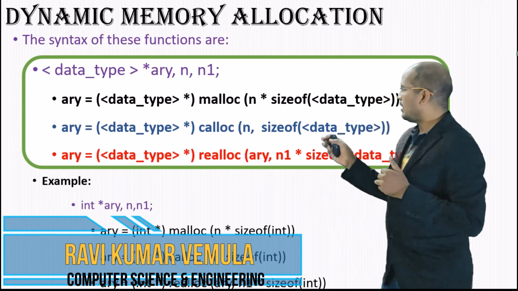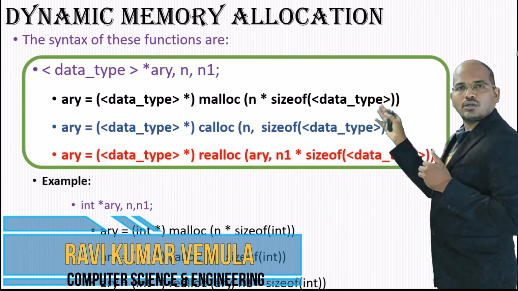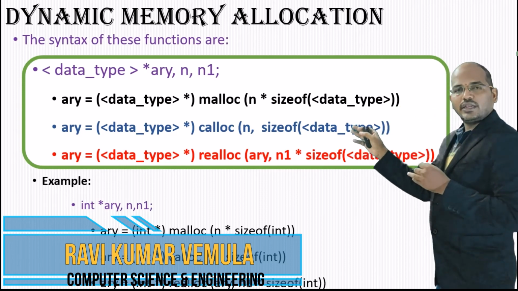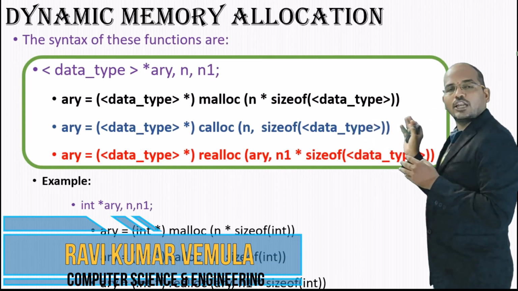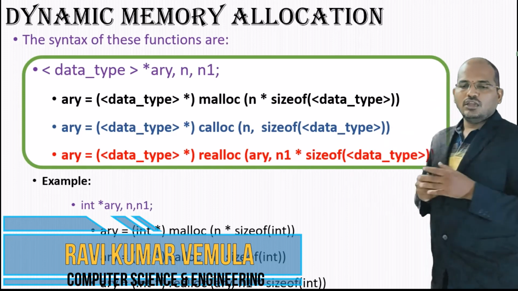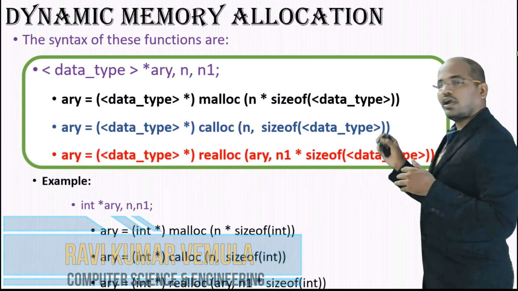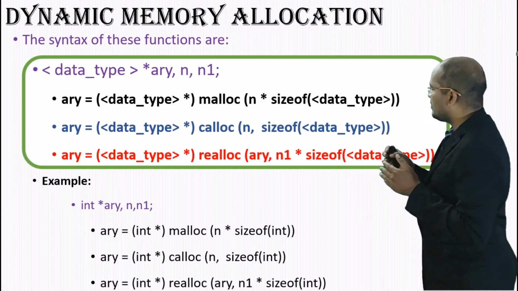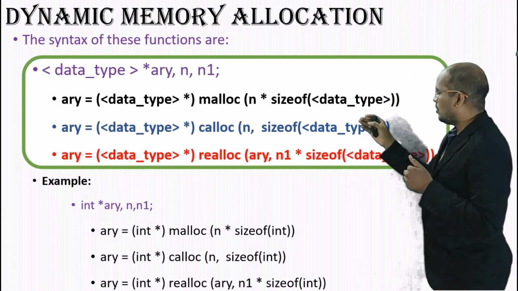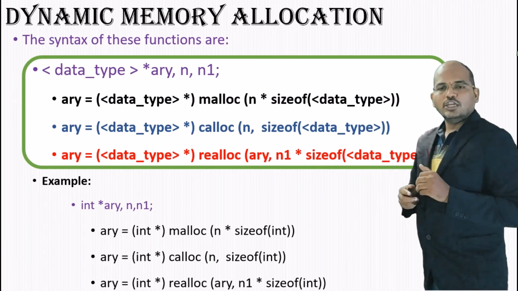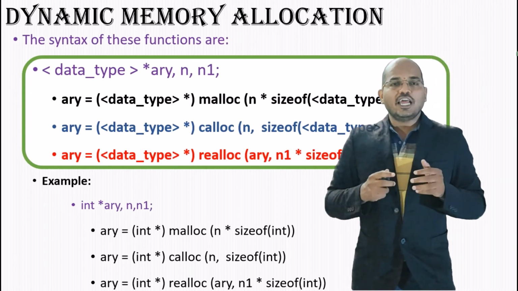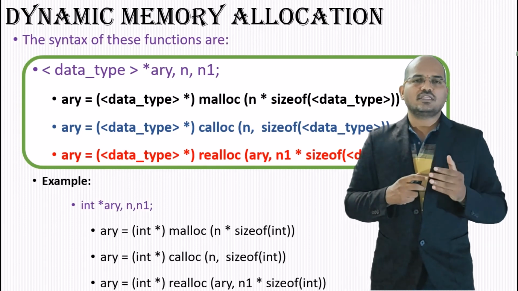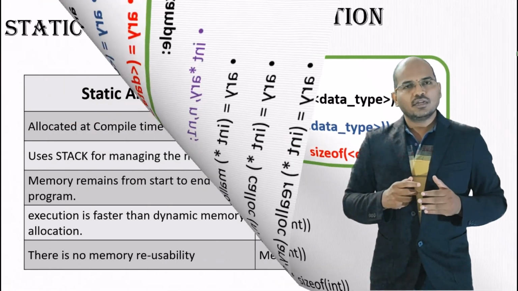So you have array int pointer malloc of n times size of int, calloc int star calloc n comma size of int, realloc which is int star realloc array comma n1 times size of int. So this is how we use the functions malloc, calloc and realloc. Is that fine? So in C language we have these predefined functions malloc, calloc and realloc.